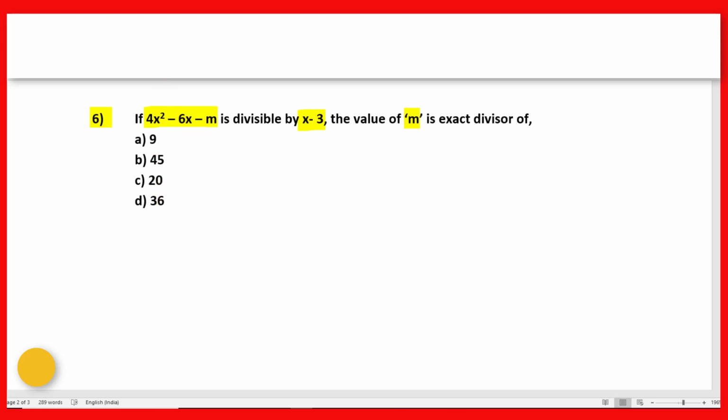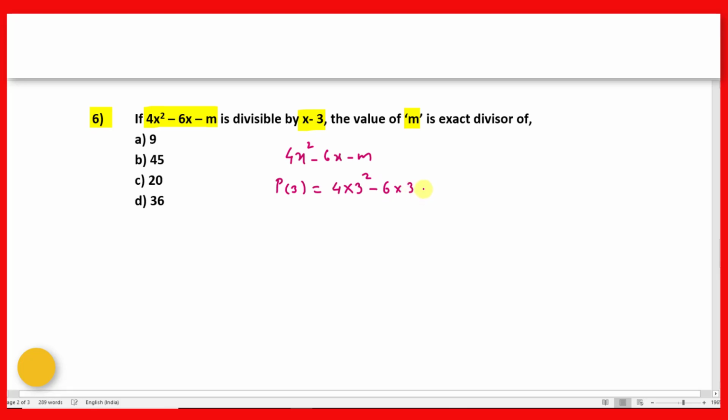So friends, here the given equation is 4x square minus 6x minus m, and is divisible by x minus 3, so x is equal to 3, and so we can find p of 3, that is equal to 4 into 3 square minus 6 into 3 minus m, that is equal to 0.